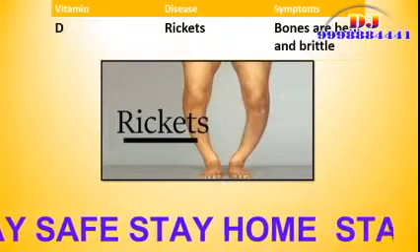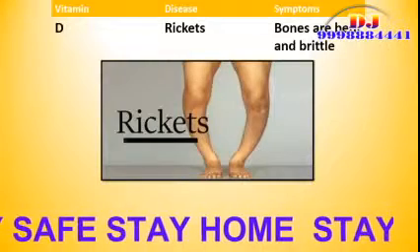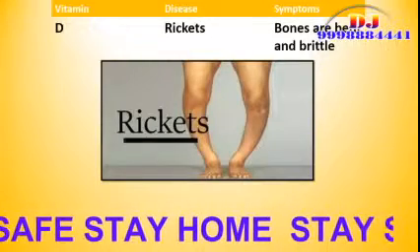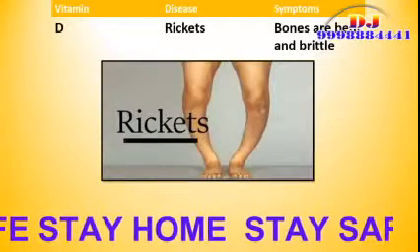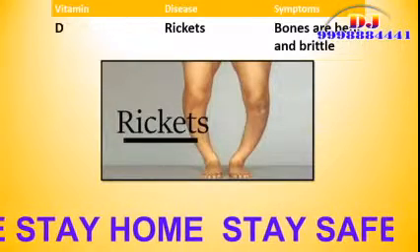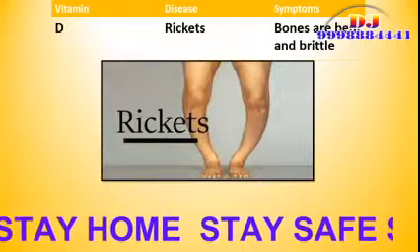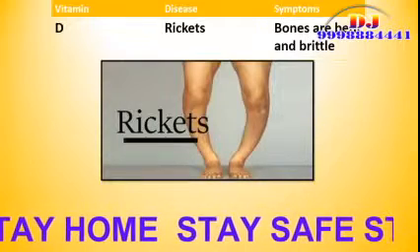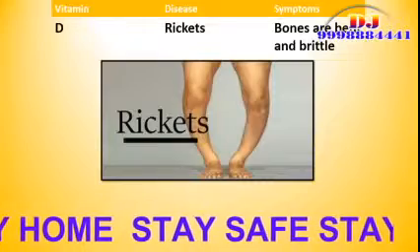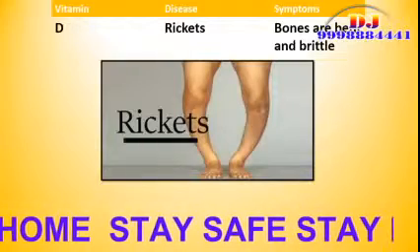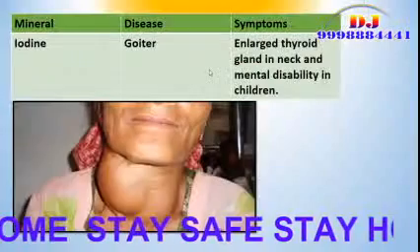The bones are bent and brittle, they break easily, right? Brittle substance, which you have studied in your third standard, I think. The bones are bent and brittle. Yeah, Singala, that's right. Deficiency of vitamin D causes rickets. Thank you for your comment in the live chat.